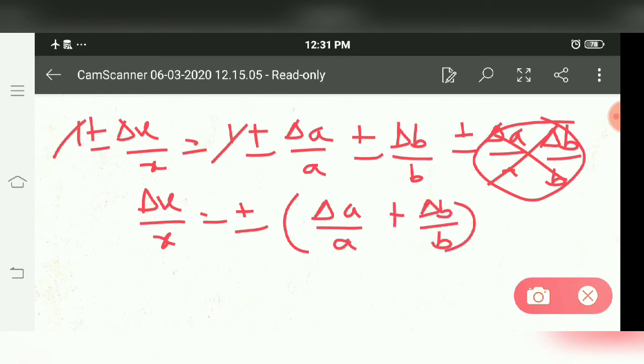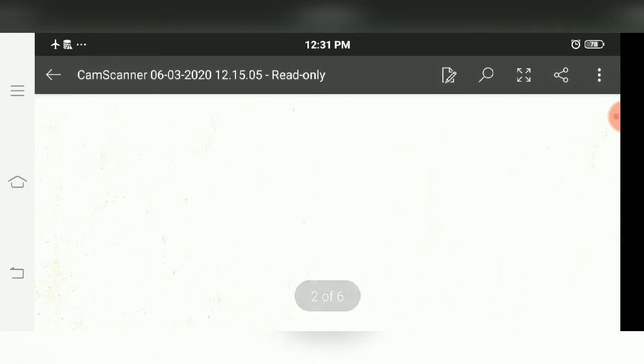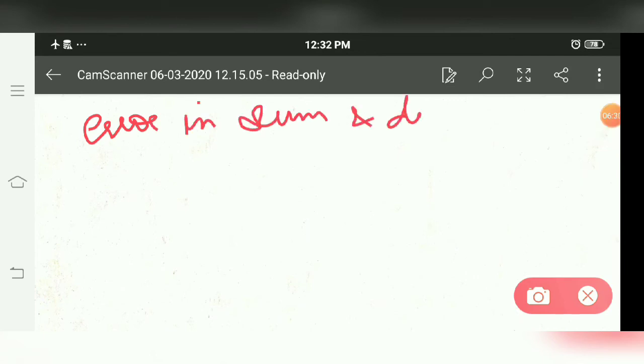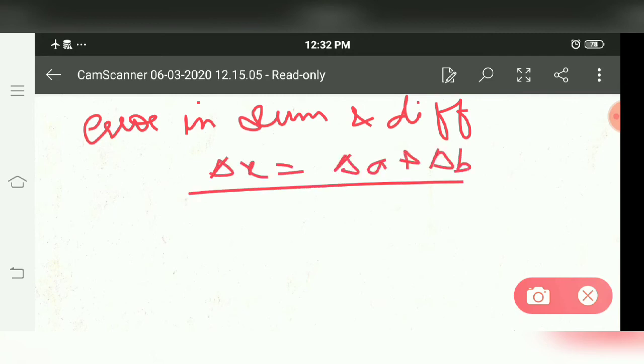To maximize the error, we again take the positive sign and neglect the negative sign. So we find the result: the error in sum and difference is the same. To calculate error, we get absolute error, that is delta a plus delta b, in both sum and difference, and both product and division.